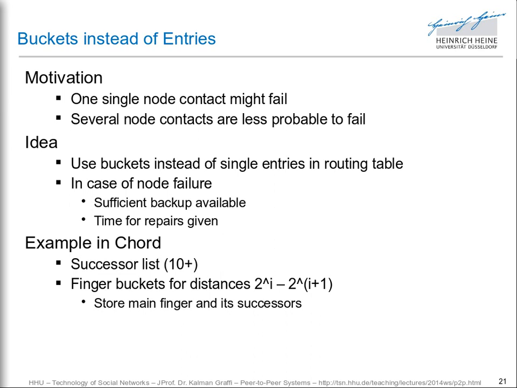Yes, 2 is enough, I think, because the nodes in the chord are located randomly, so it's very improbable that 2 nodes which are successors might fail at one time.